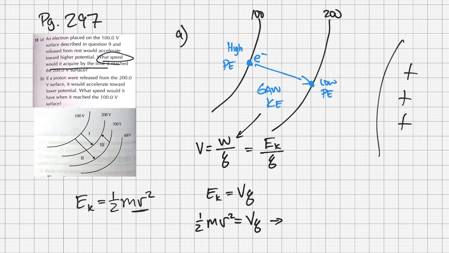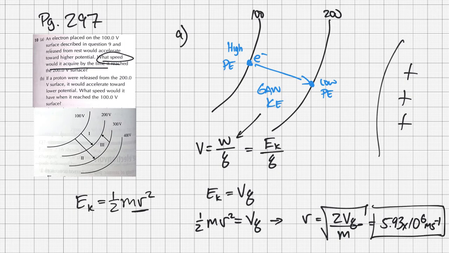Then we solve for velocity, and I end up with velocity equals the square root of 2 times my electric potential times my charge divided by my mass. When I plug those values in, I get a velocity of 5.93 times 10 to the 6 meters per second. And that's the velocity that the electron would be traveling.